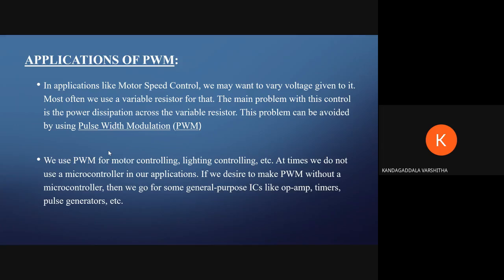This can be avoided by pulse width modulation. We can use pulse width modulation in motor control and lighting control, and we don't always use a microcontroller. If we want to make pulse width modulation without a microcontroller, then we choose general purpose ICs like operational amplifiers, also known as op amps, timers, and pulse generators.